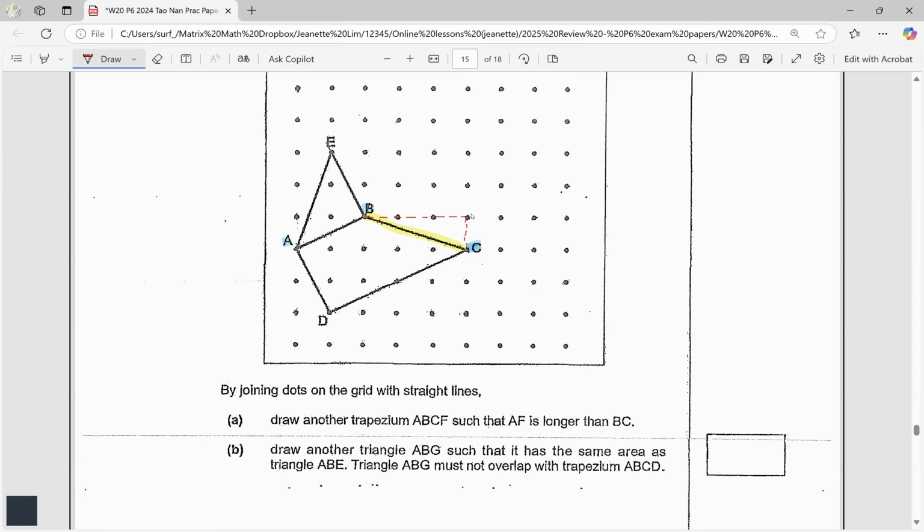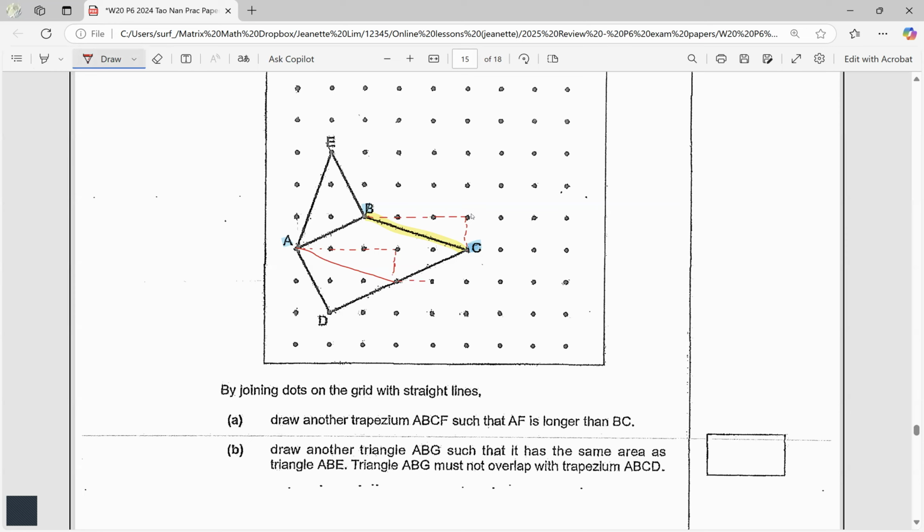That's how you get parallel lines. If you use the same measurement, 3 to the right, 1 down, you'll get a parallel line. But AF has to be longer. So we do it again.